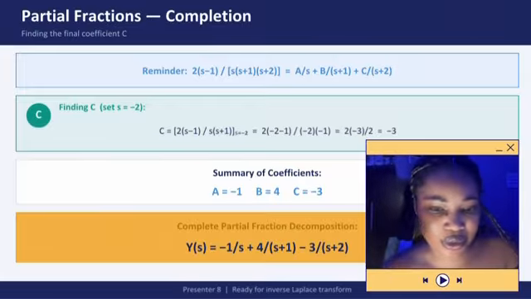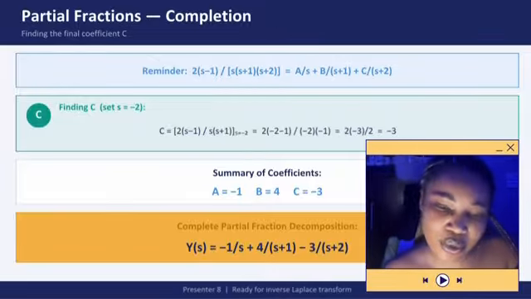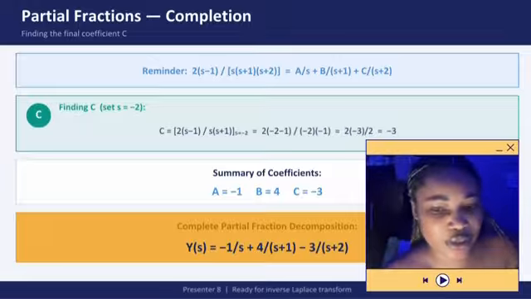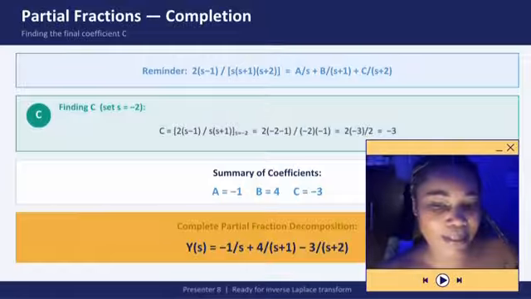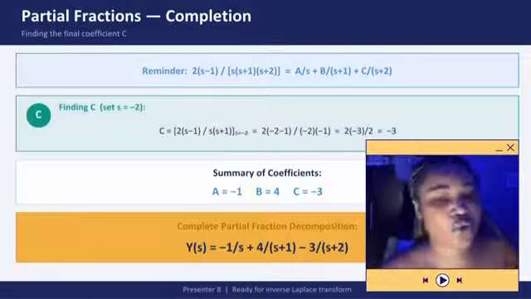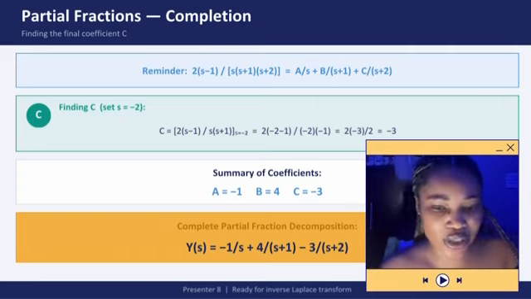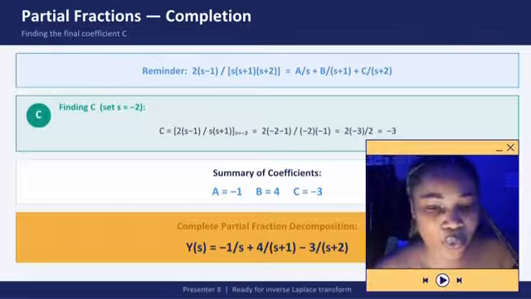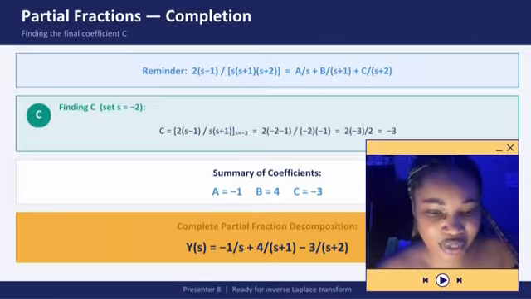It will be evaluated with s equal to minus 2: C equals 2(minus 2 minus 1) over (minus 2)(minus 2 plus 1), which is minus 6 over 2, so C is equal to negative 3.